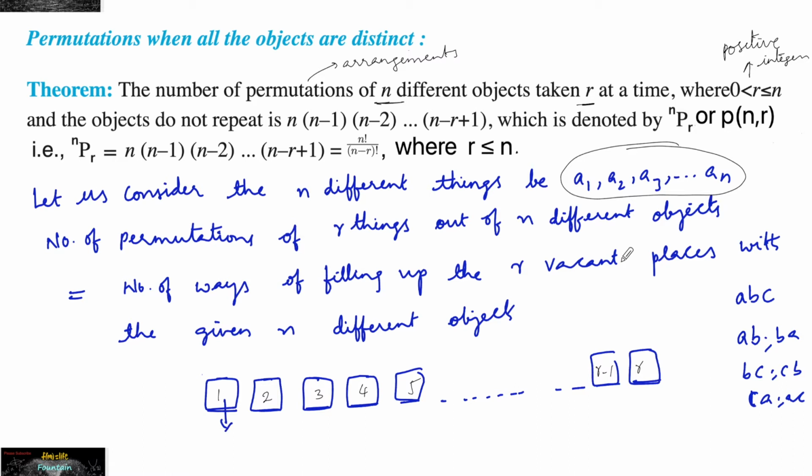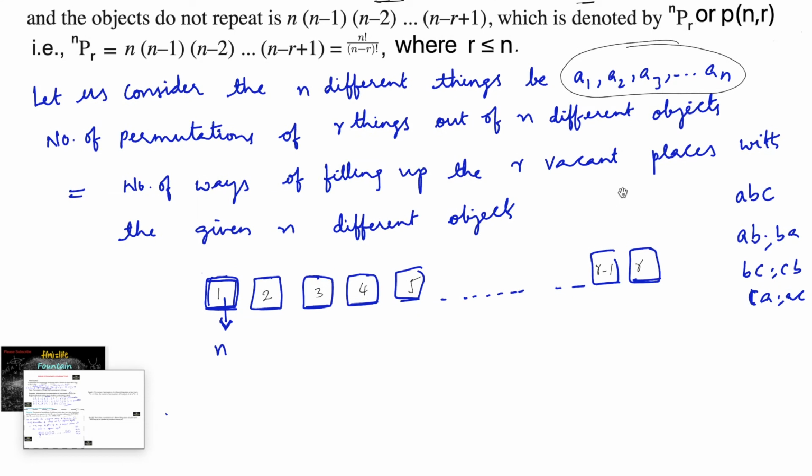So out of n things, the first place can be taken in how many ways? We'll have n chances, means either we can take a1, or a2, or a3, and so on, an means nth object. So to fill up the first box, the first vacant place, there are n possible ways. In the same way, for the second box, if one of the n objects is taken, then the remaining will be n minus 1.